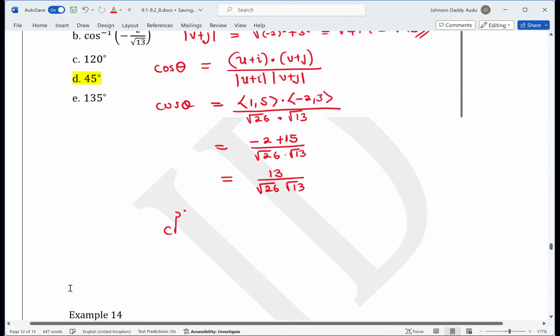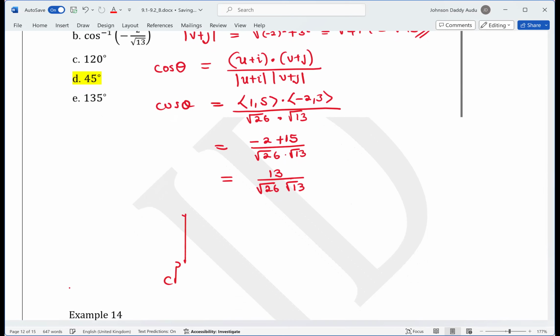So now cosine theta is 13 over root 13 times 2 times root 13. Because that is what? 26, you can write it as root 13, root 13.